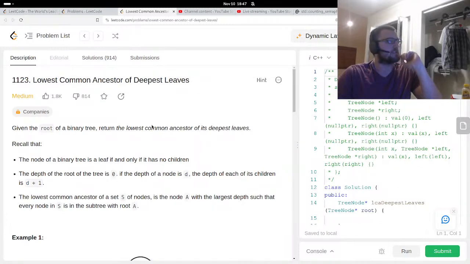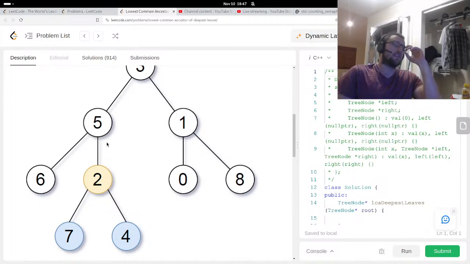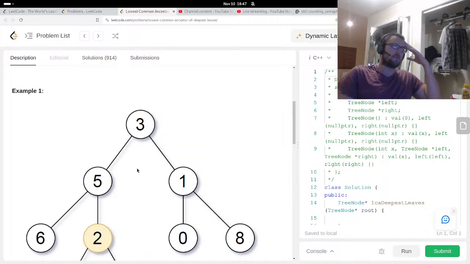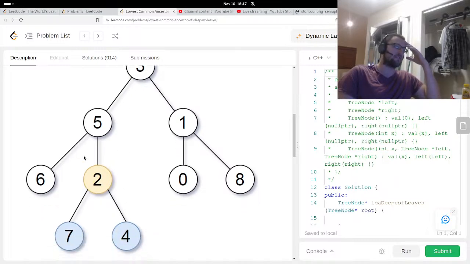Interestingly, the lowest common ancestor with all the deepest leaves is also the greatest depth ancestor that contains all of them.